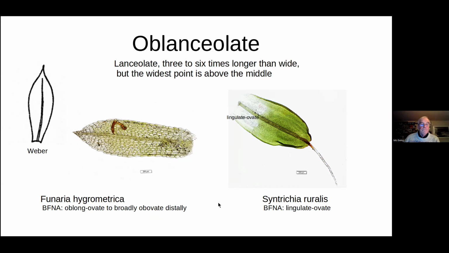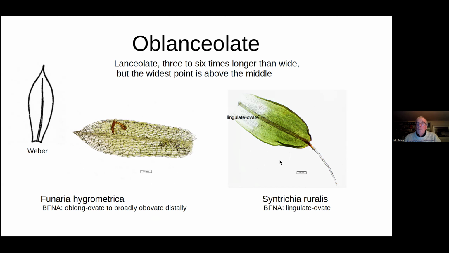In BFNA, they call this oblong ovate. It's sort of ovate, and the sides go out, so it's oblong. And in Syntrichia ruralis, in this case, I probably didn't pick it very well.